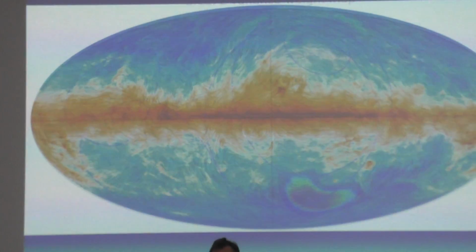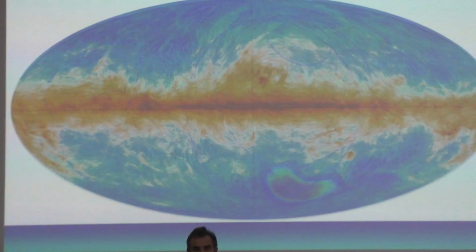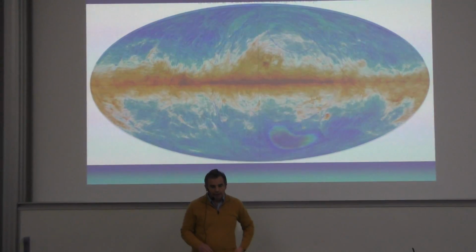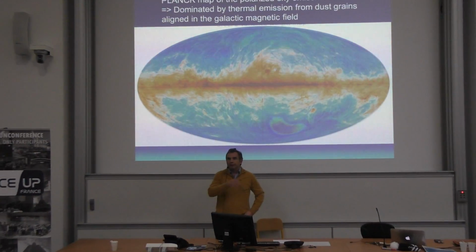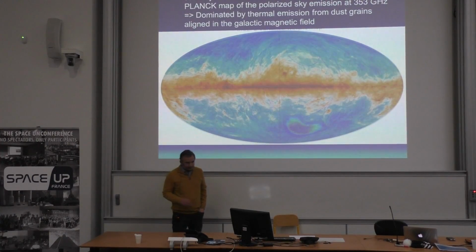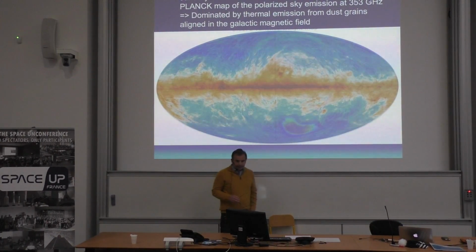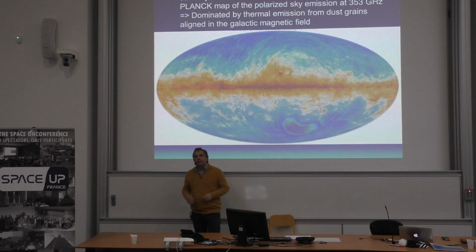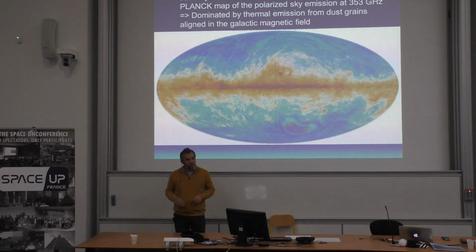And this is a full sky that we released in January 2015. So 1 year after the claim they got B-modes on the Antarctica data. And this is our full sky of the polarized emission in the wavelength range where the dust is dominating. So here you cannot see the emission from the last scattering surface.